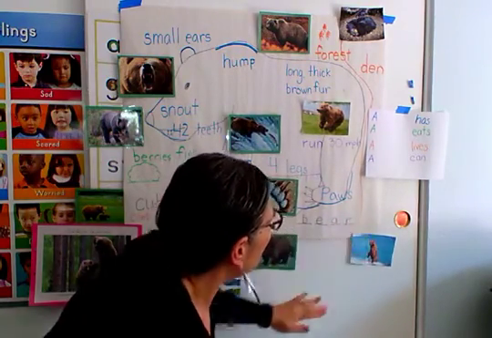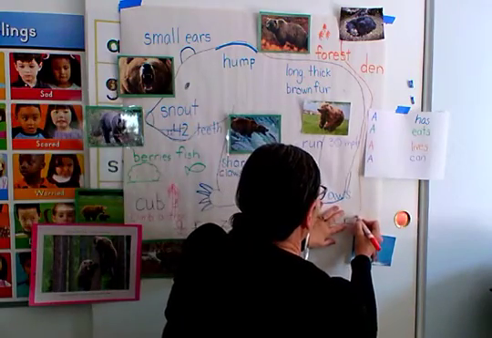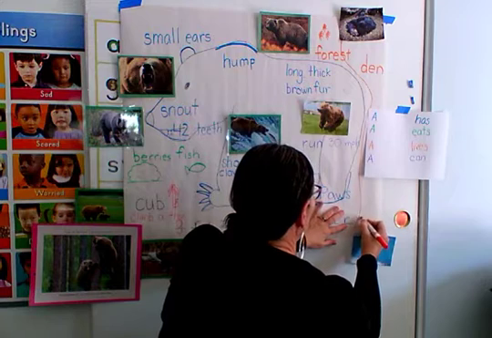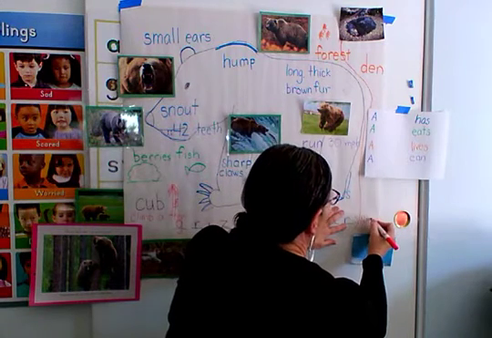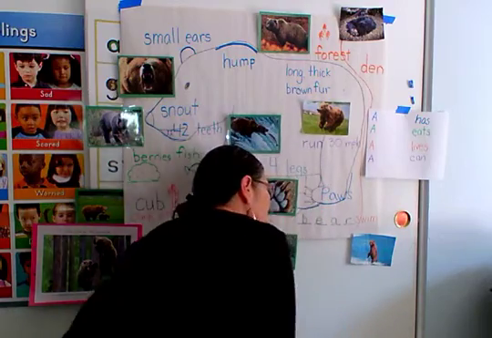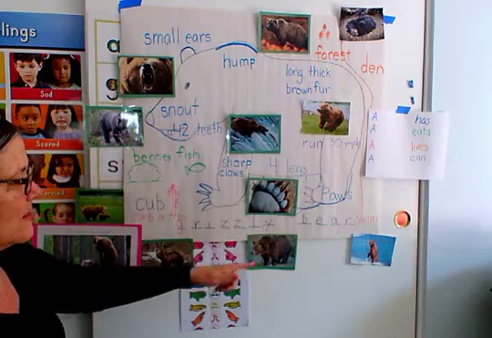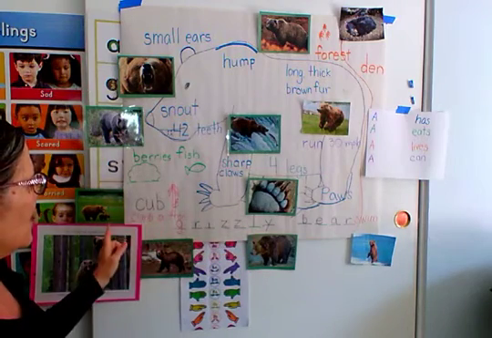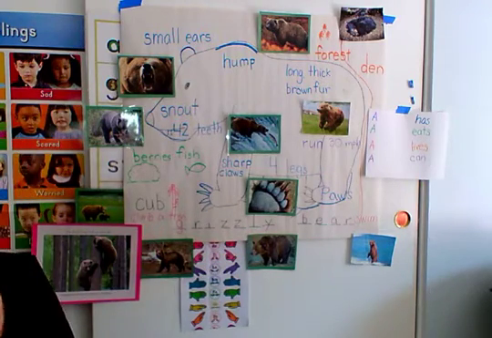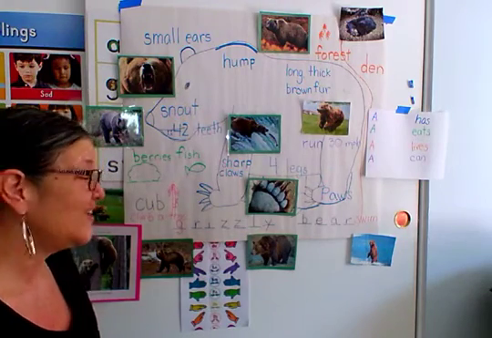Yeah, okay. And I'll put swim. S-W-I-M. So they can swim. And only the cub can climb a tree. Now we also know that a grizzly bear's sense of smell is really good.